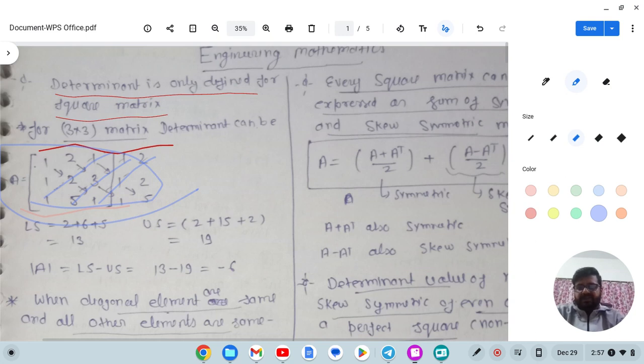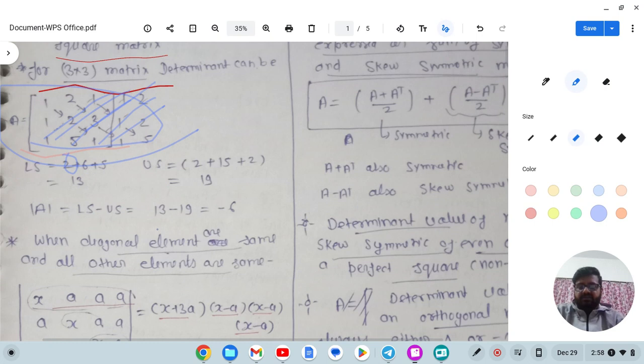Here 1 multiplied by 2 multiplied by 1 is 2, plus 2 multiply 3, 3 multiply 1 is 6, and then 1 multiply 1 multiply 5 is 5, and the sum is going to be 13. For the upper side, we do the first, second and third multiplication and then add them, and the determinant of A will equal the lower side minus the upper side. This is the short trick to find the determinant of a 3 by 3 matrix.